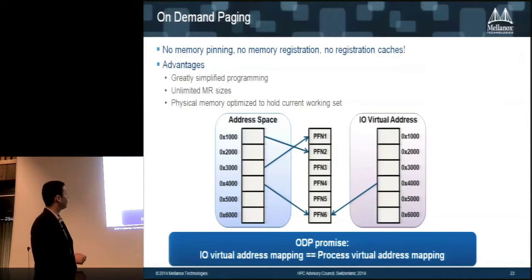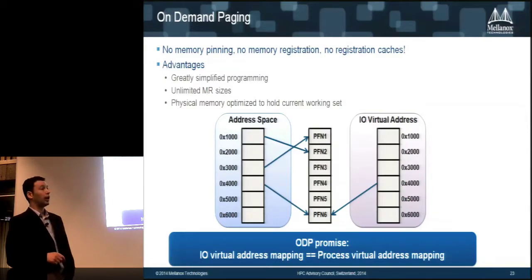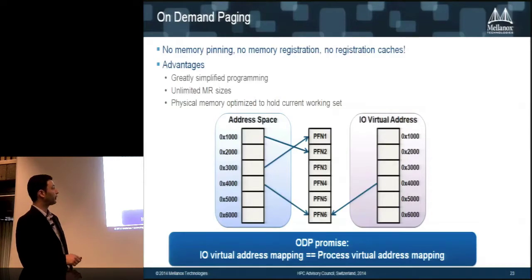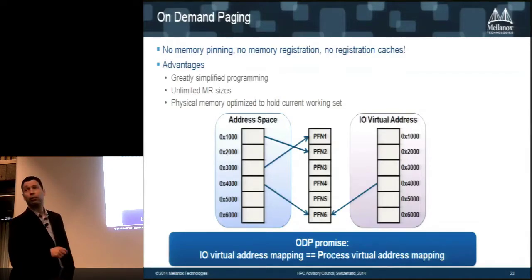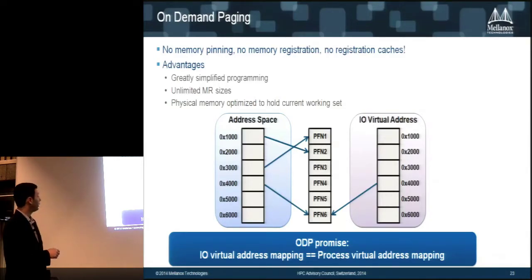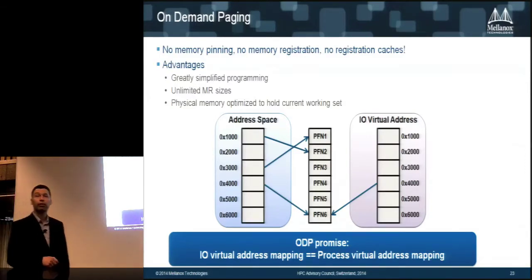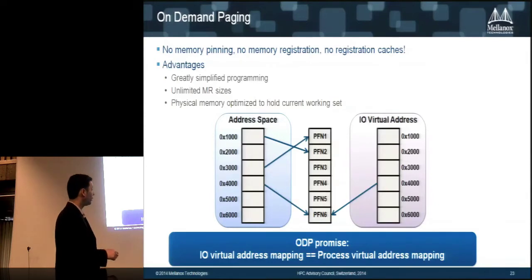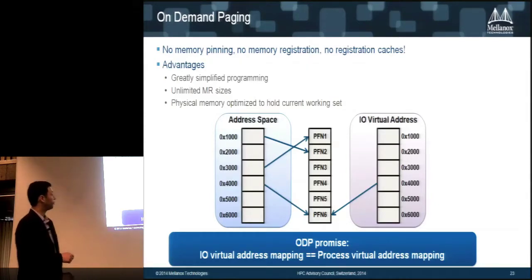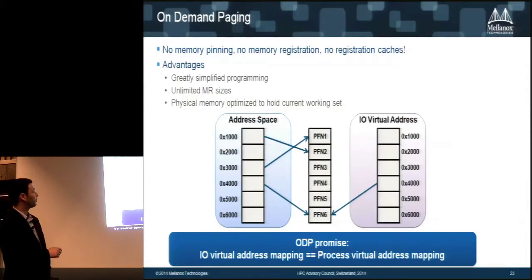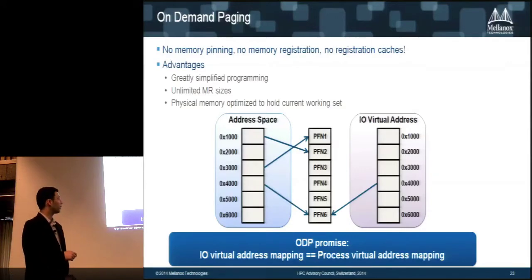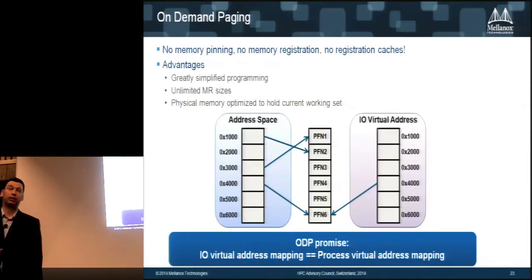With the technology of on-demand paging, we basically let you create a virtual address space in the adapter per process that is parallel to the same address space virtually in the process address space. And the mapping between those virtual pages and the actual physical pages works like this: just as there is a translation table of the CPU, there is a translation table of the hardware, and we synchronize them to point to the same place, but without the need to pin them down.